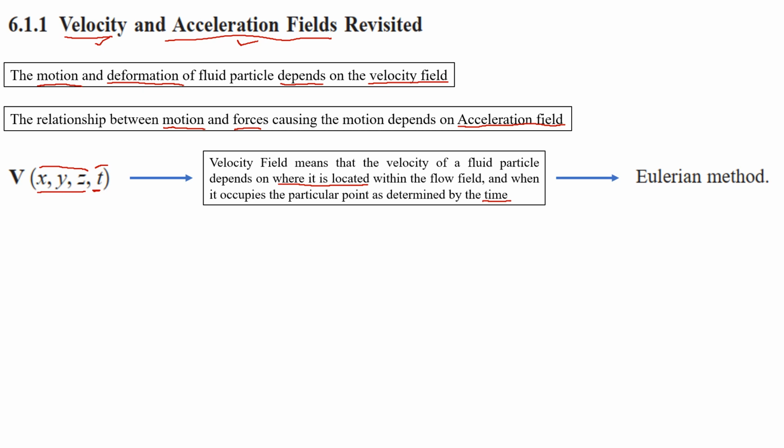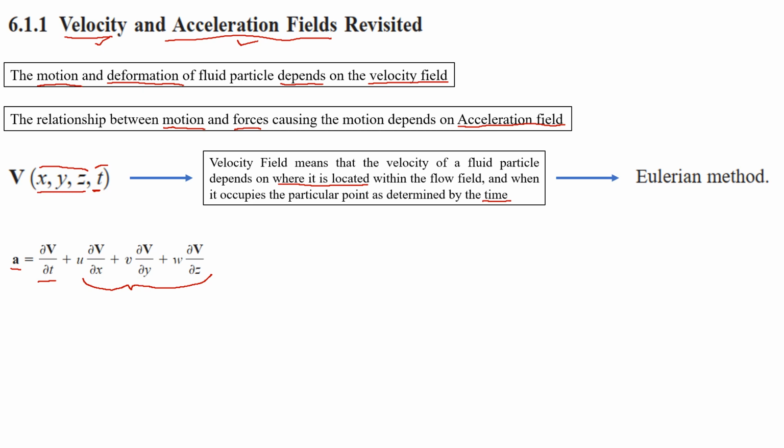By taking a derivative of this velocity field, we can also find our acceleration field, and that's what we wrote. Our acceleration field is equal to the partial change in velocity with respect to the partial change in time. And here is our convective change, that is the change in the position of the fluid.